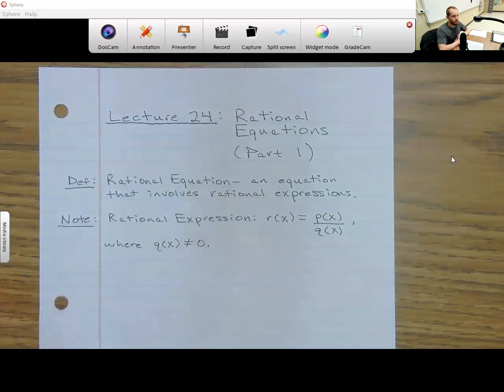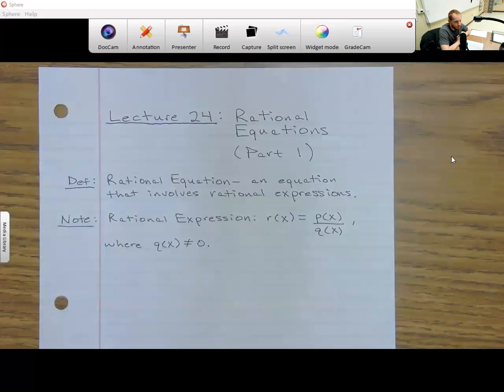Just like we learned in the first few weeks of school, rational expressions can be written as fractions, with some kind of variable expression on the top and on the bottom. And usually you can factor the top and the bottom, maybe the same way, maybe a different way.